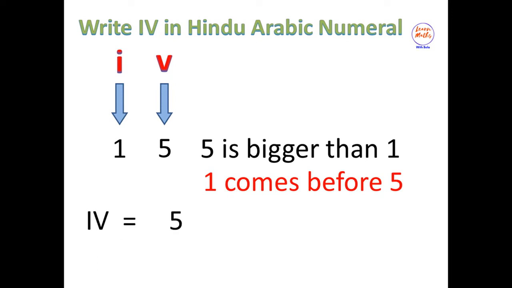So IV will be 5 minus 1, which is 4. As simple as ABC. Because 1 comes before 5, we subtract the smaller number from the bigger number.